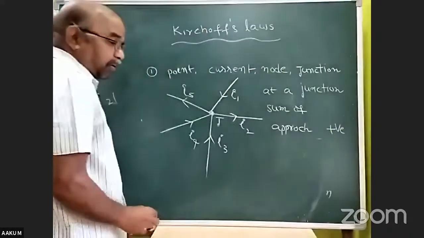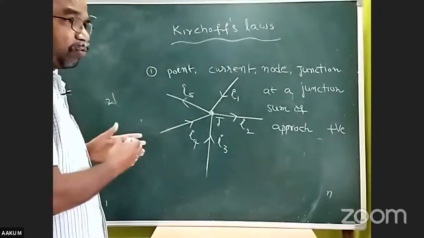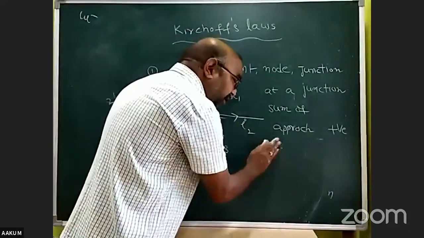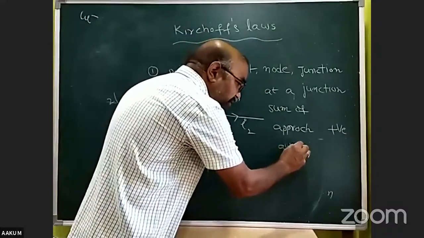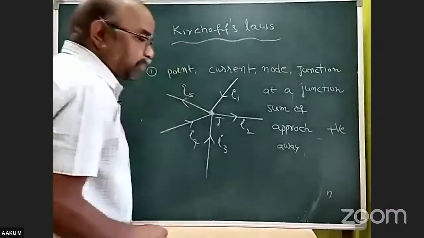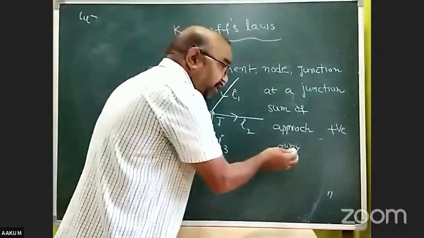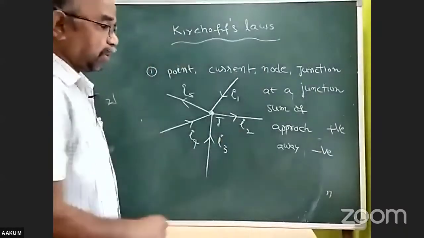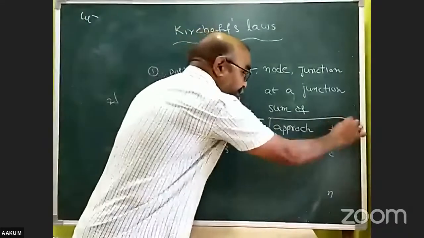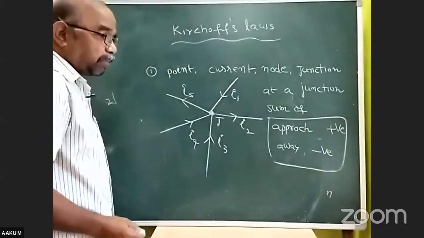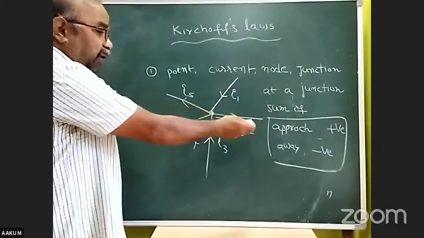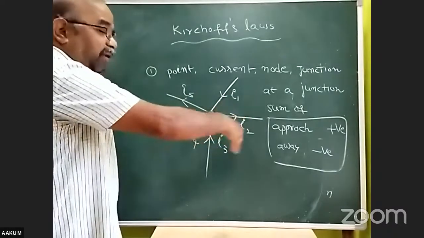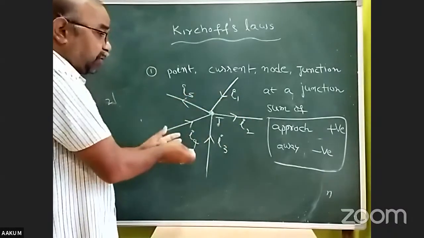If currents are receding from the junction, going away from the junction, they are generally given a negative sign, right? Okay, then apply this sign convention to these currents.